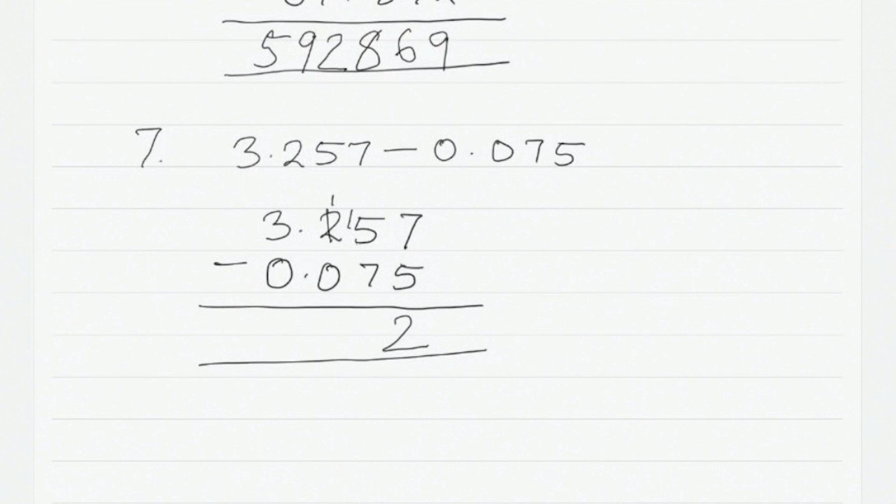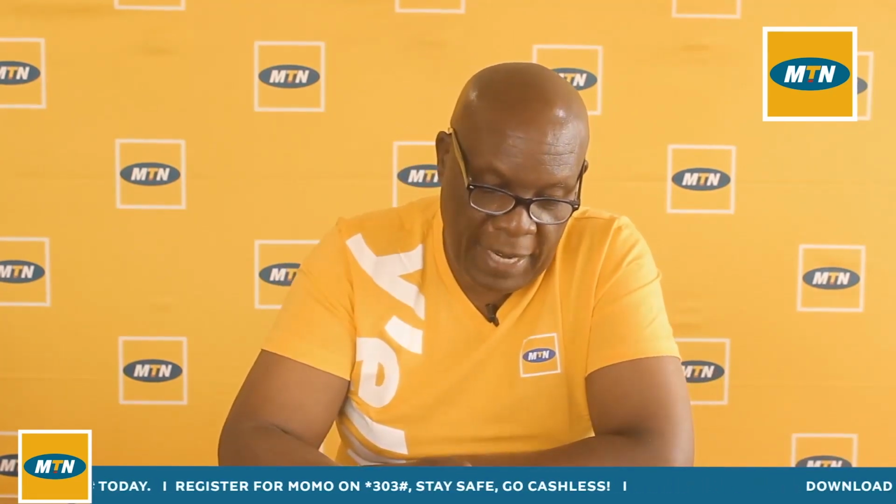Here we remained with 1. 1 take away 0, it is 1. Here it is 3. That is our answer there. So we are saying the answer to 7 is going to be 3.182.